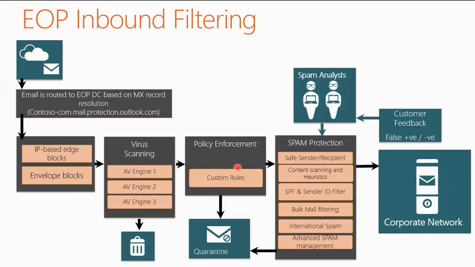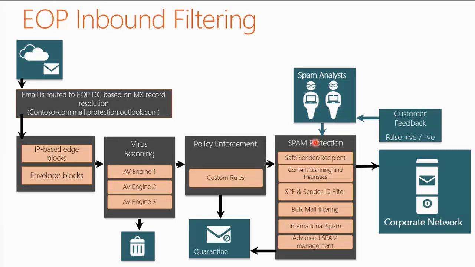The messages that survive this filter go to the anti-spam protection. And this is probably one of the most sophisticated pieces of the solution. You can see there are many different checks that are applied there. They are based on the safe sender list that is configured by you as admins or by users. There is the content scanning and heuristics that are calculated based on machine-based learning as well as rules implemented by humans.